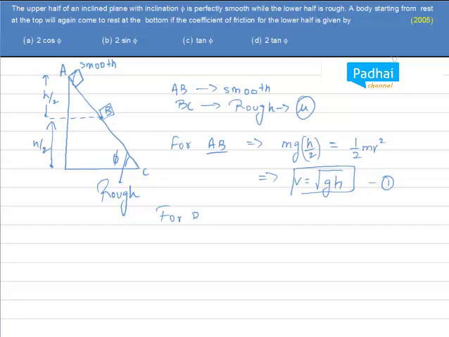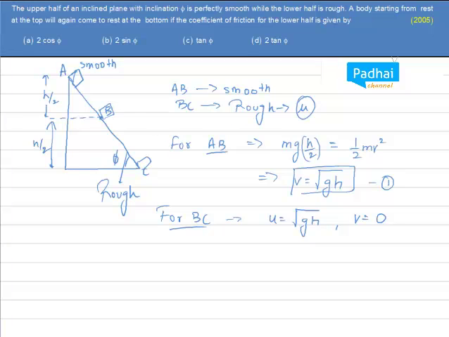For BC, u is under root of gh, because whatever was the final velocity for AB will be the initial velocity for this BC, and the final velocity that we have to see is 0, because over here this point should become 0.